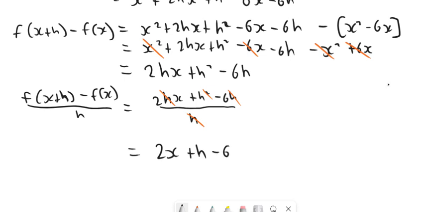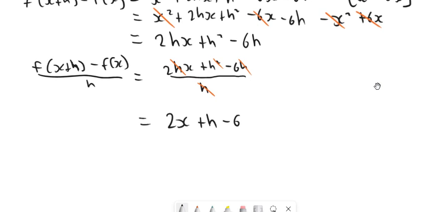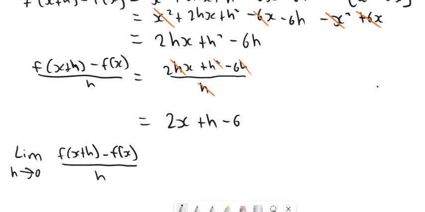So our last thing we have to put in then is the limit as h tends to 0 of f of x plus h minus f of x all over h. So that just means I'm going to put in a 0 instead. I don't have to worry about zeros on the bottom of the equation here.